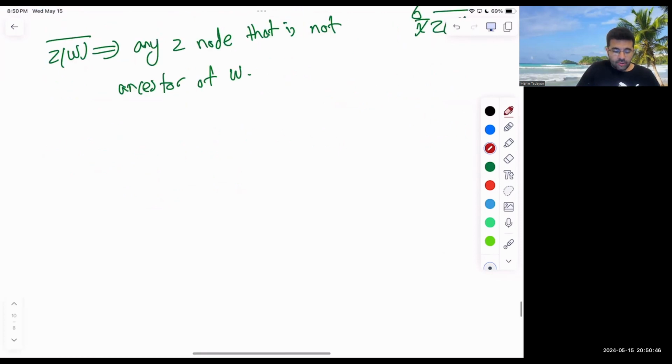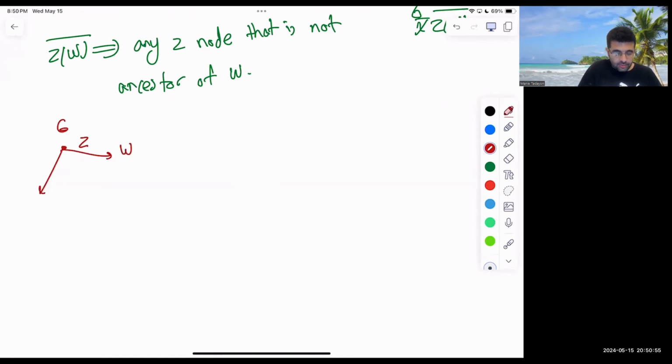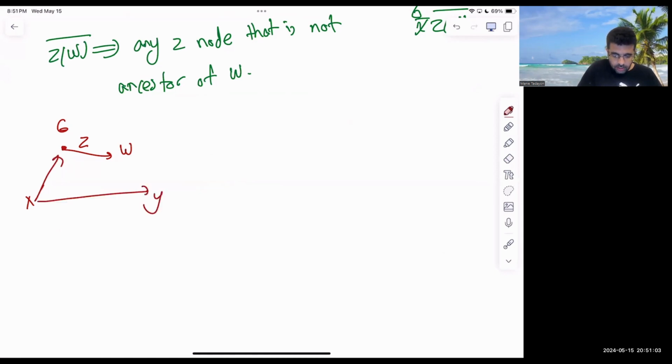All right, let me just show you a couple of graphs here for you to gain some intuition. The graph G is that you have some Z, you have some W, you have some X, we have some Y, and then that is going here, and then that's it.